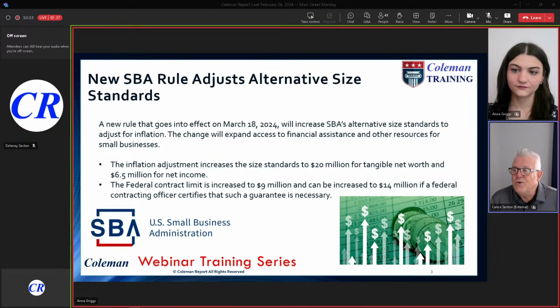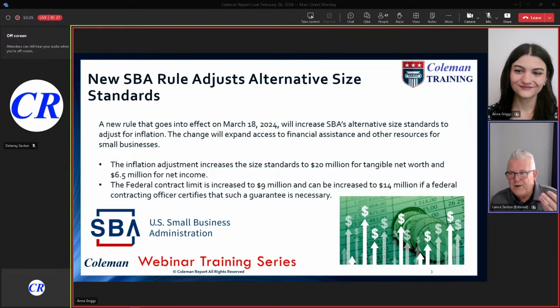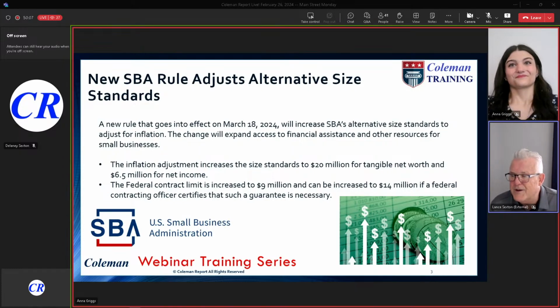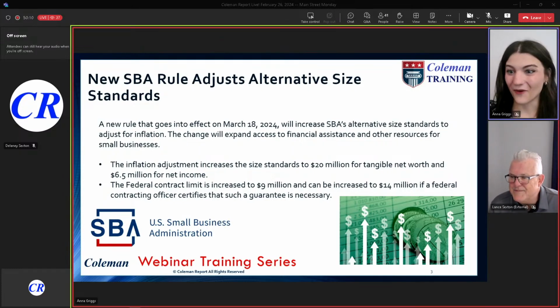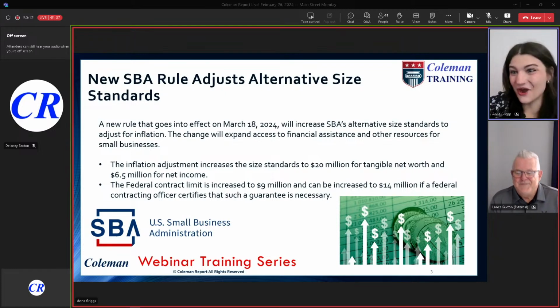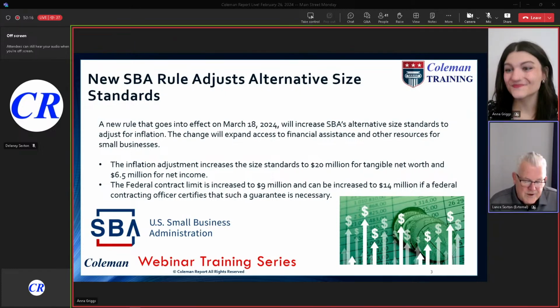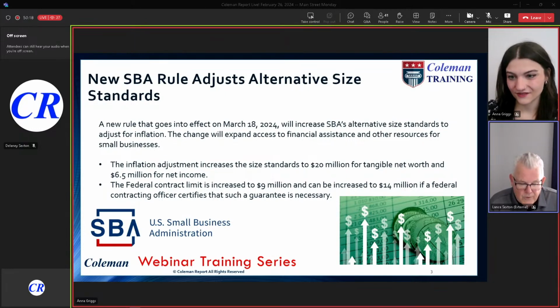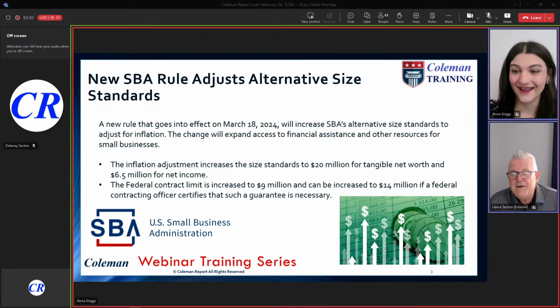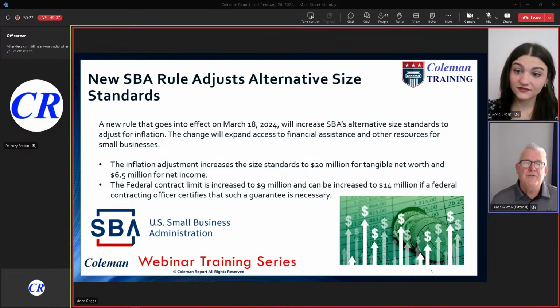A grocery store, Anna, what do you think revenue for a small grocery store can be? Oh, I have no idea. For them to consider it small? A grocery store can be up to $40 million in revenue and still be small. Many of you know my brother is in the furniture business, so I was curious and wanted to look at furniture retail.